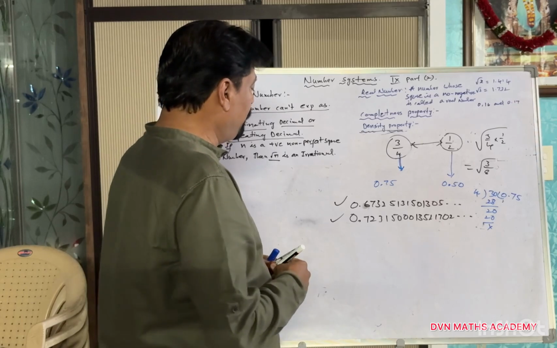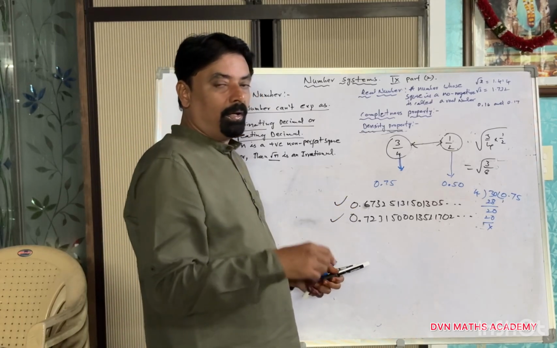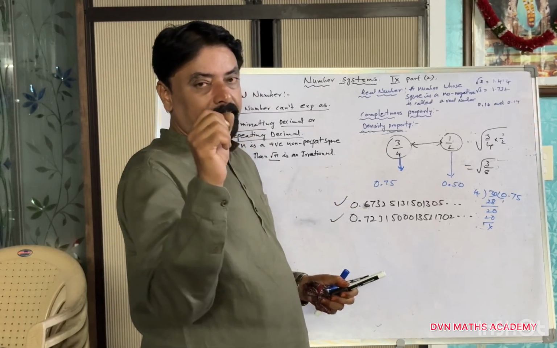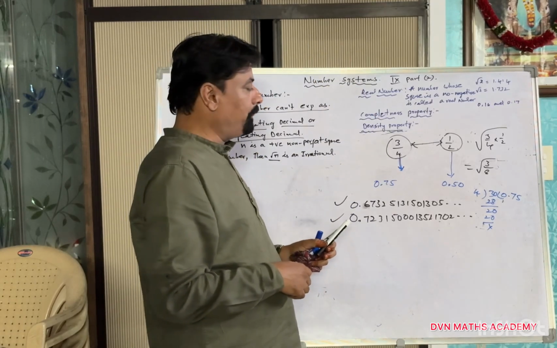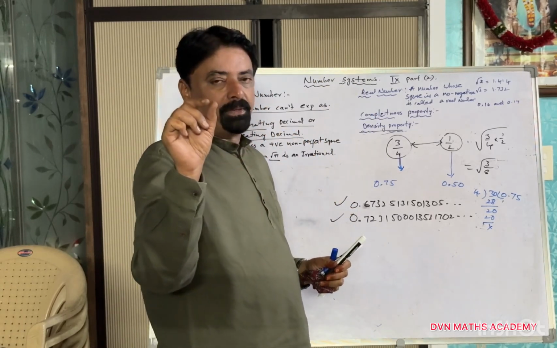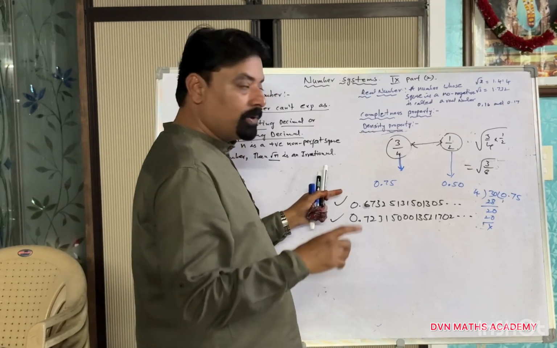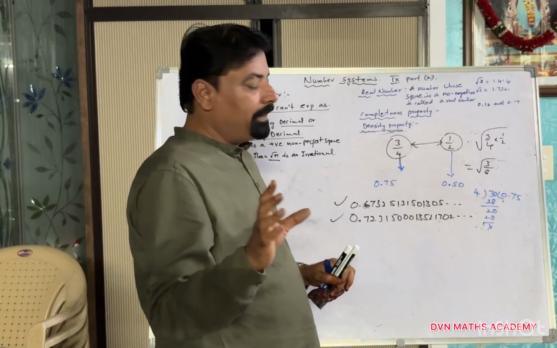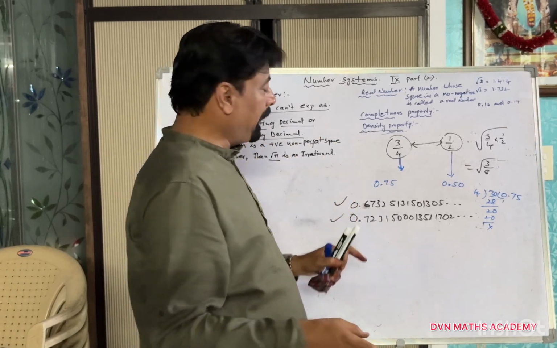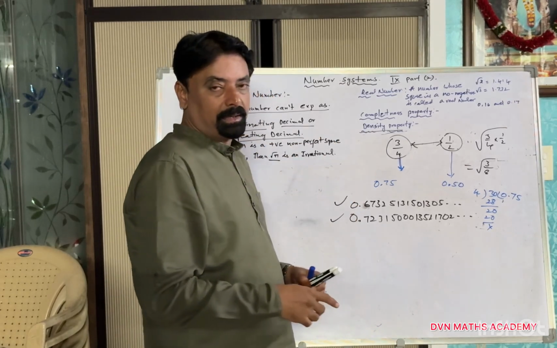If you observe carefully, these two decimals are non-repeating, non-terminating decimals. In our first class we defined the different types of decimals, and according to those definitions, these two are non-repeating, non-terminating decimals. Hence these two are irrational numbers.